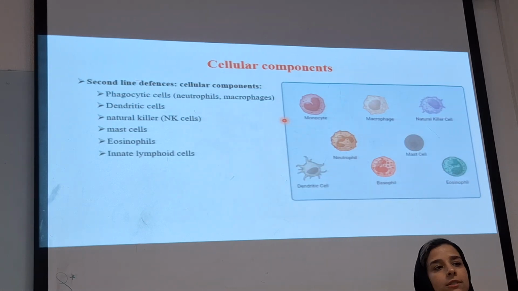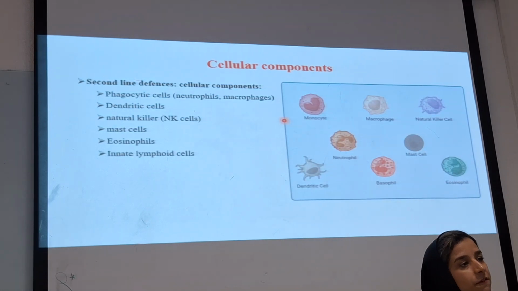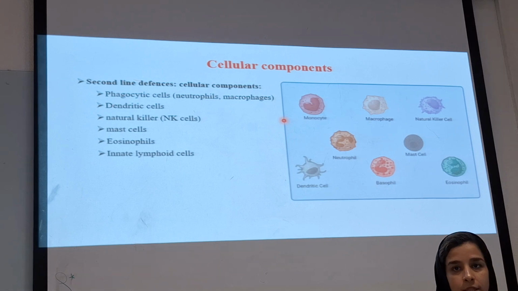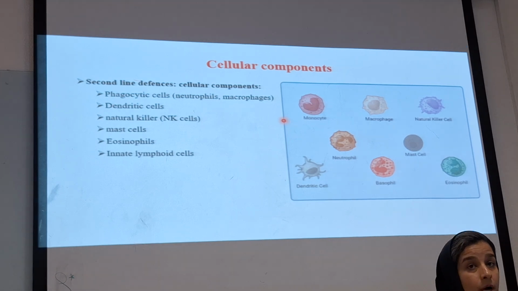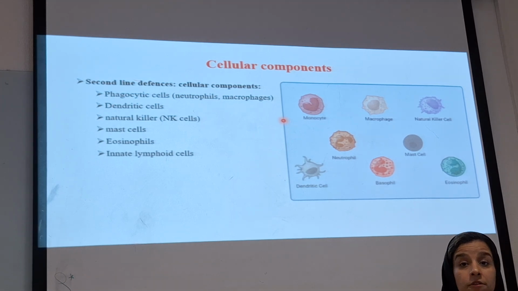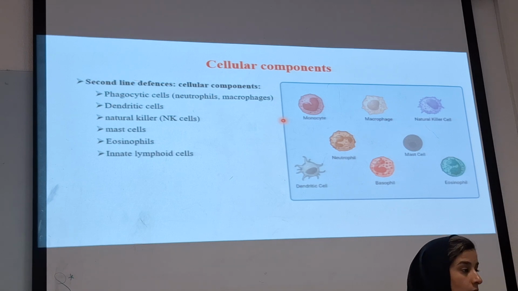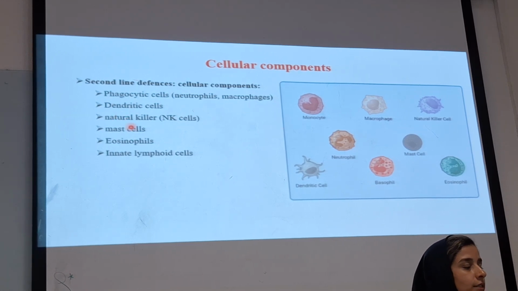But about the second line of defense against pathogens in the innate immune system, I mentioned different immune cells like phagocytic cells, macrophages, neutrophils, dendritic cells, NK cells, eosinophils, mast cells, and innate lymphoid cells.